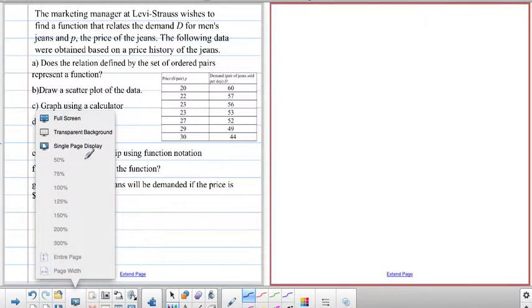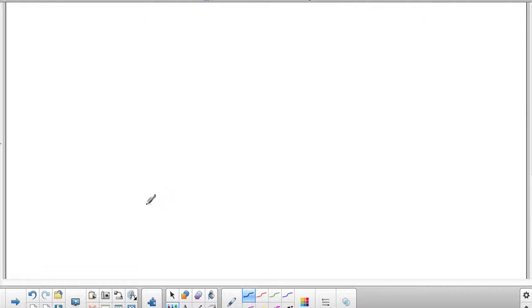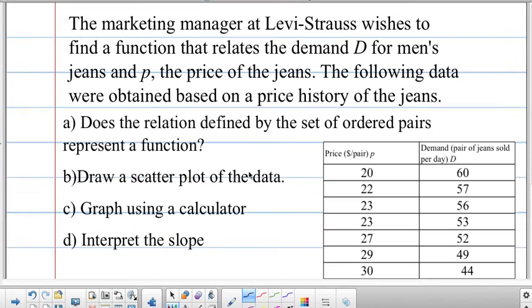Whenever you look at these, these are your x values, and here's your y. If you have more than one x going to two different y's, then it's not a function. So right off the bat, we see these 23s going to two different y's. So we can say no, this is not a function. That's as easy as it is for the first one.